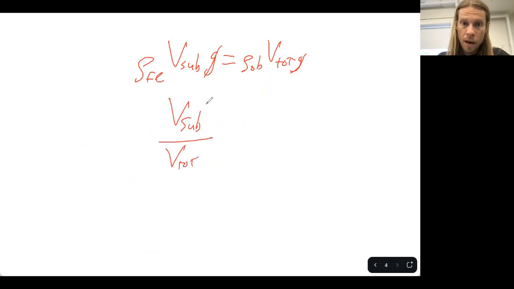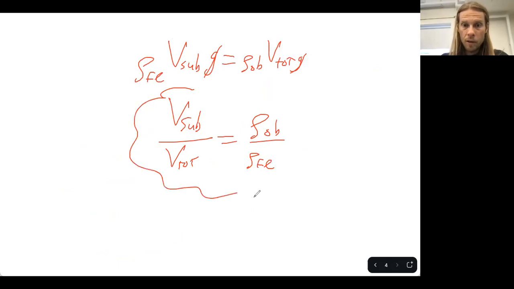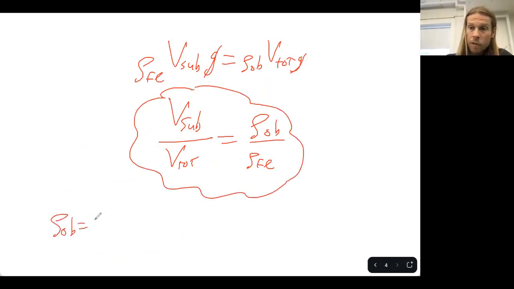I'm going to then divide by the density of the fluid, density of the object over density of the fluid. We now get a nice relationship for, say the density of the object is 50% that of water. So it's 500 kilograms per cubic meter. It's 0.5 times density of H2O.